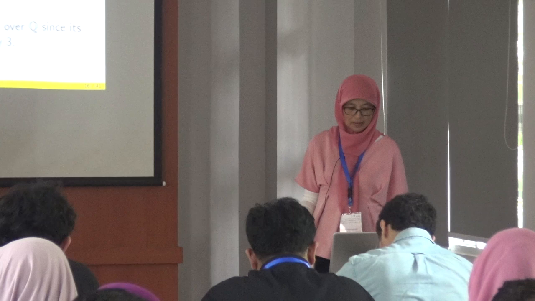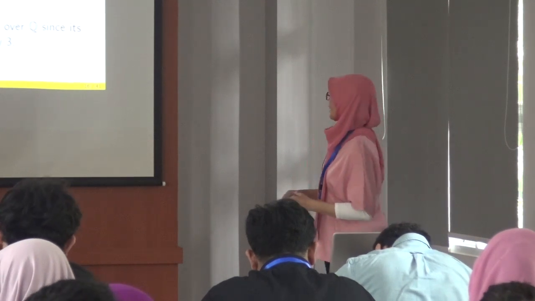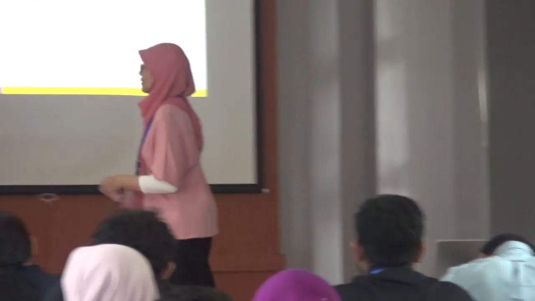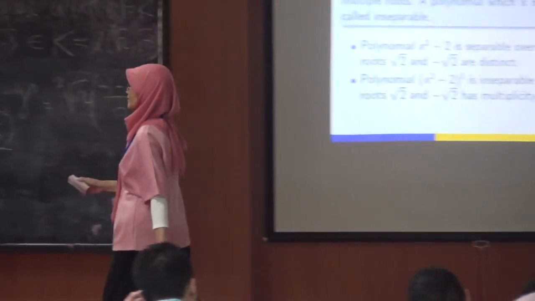This is what I said before. So a polynomial is called separable if it has no multiple roots. So the multiplicities are all 1 here.